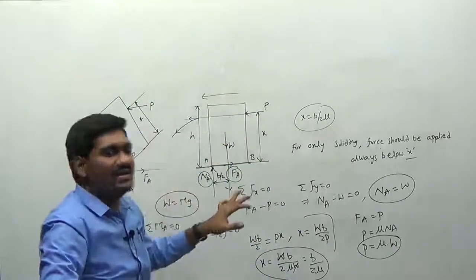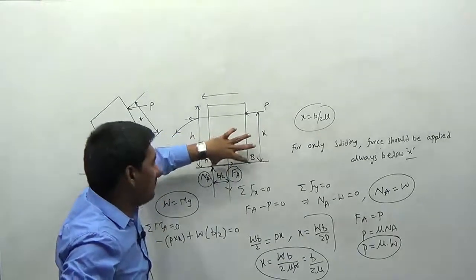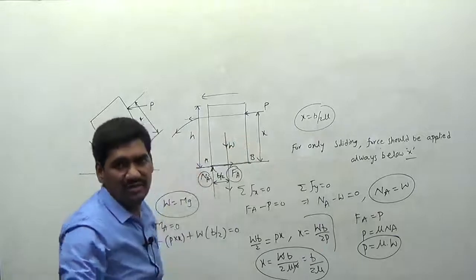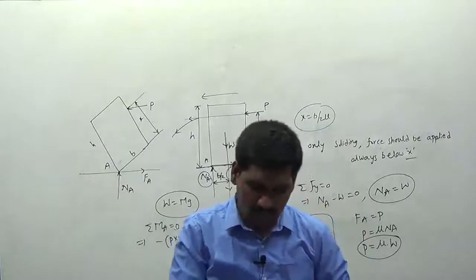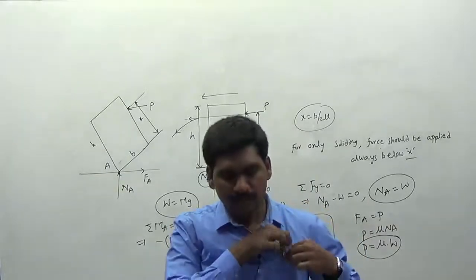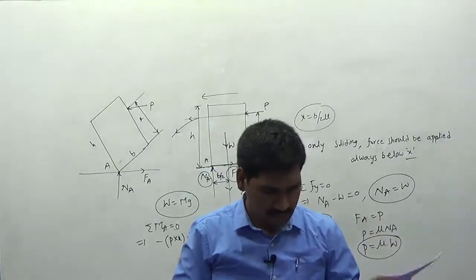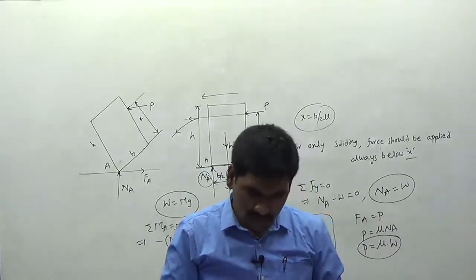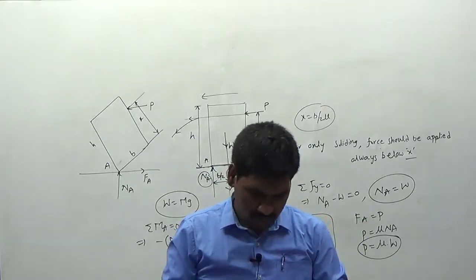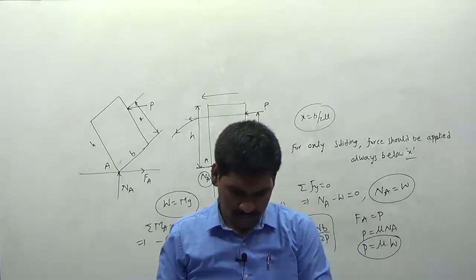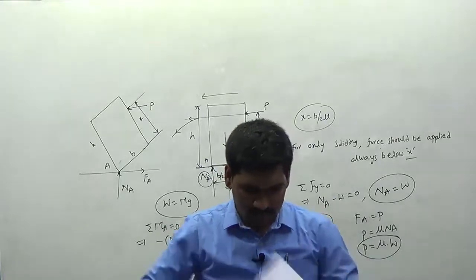Sliding is nothing but the entire base of the rectangle being in contact with the horizontal floor. That is the thing here. So please note that.